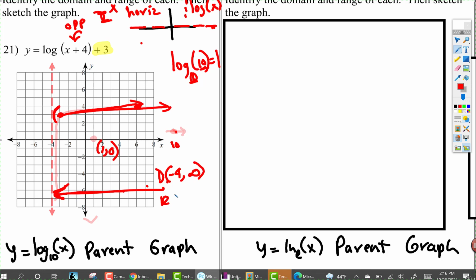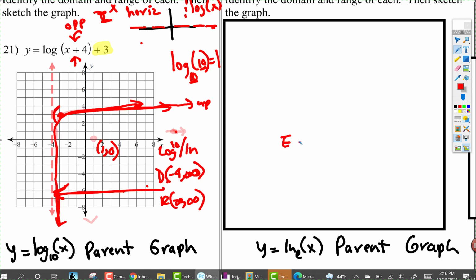But now look at what we have for the range. We didn't talk about domain and range for exponentials. I need to make sure I cover that. Even though it's starting down here at negative infinity, as it goes up, it turns, but it's still infinitely going up. And infinitely up means positive infinity. So for logarithms, the domain is whatever zeroes out the argument to positive infinity, and then the range will always be negative infinity to positive infinity.